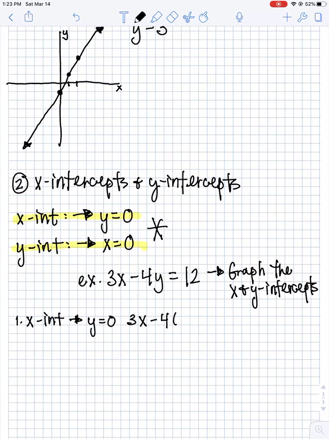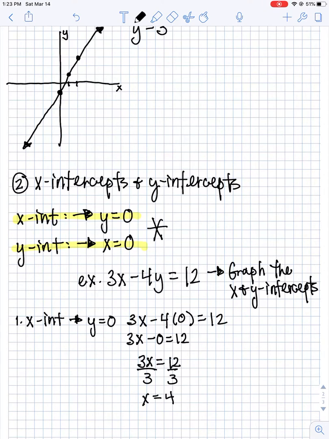What did we say we're plugging in for y? 0 equals 12. Okay? So now we get 3x minus 4 times 0. We all know 4 times 0 is just minus 0 equals 12. So that's 3x equals 12. And y'all know how to get x by itself. Divide by 3, divide by 3, x equals 4.